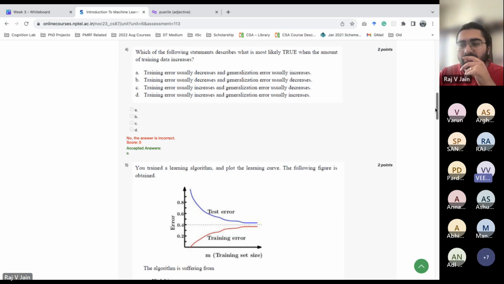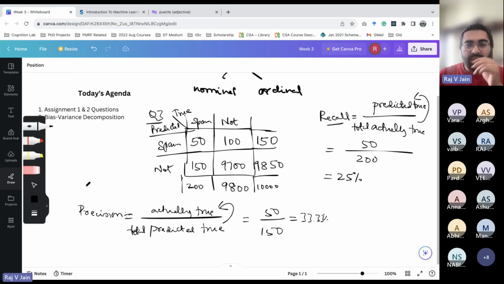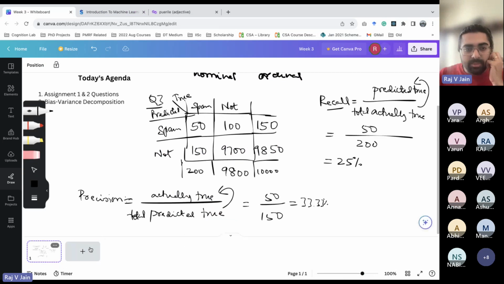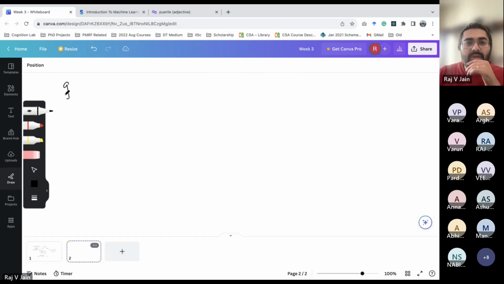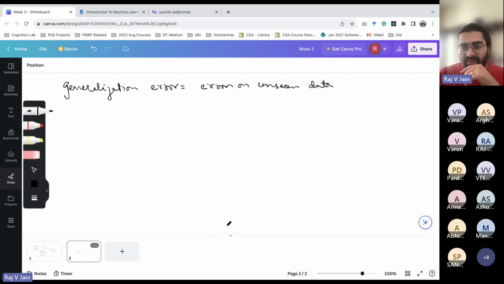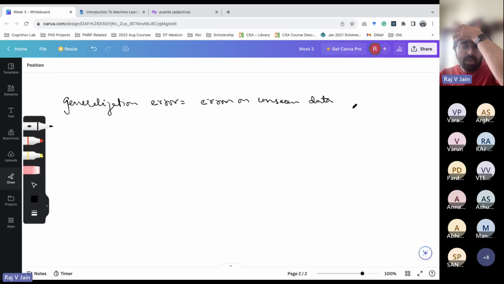Can you please explain what generalization error means? Generalization error is basically how the model performs on unseen data, right? So it is the error on unseen data. We can use the example of a child learning. Because we are training the model using the training data, it's possible that the model just learns by heart all the question answers, just like a child could.